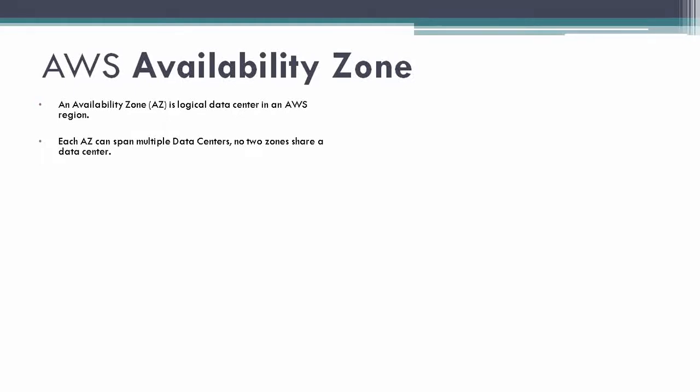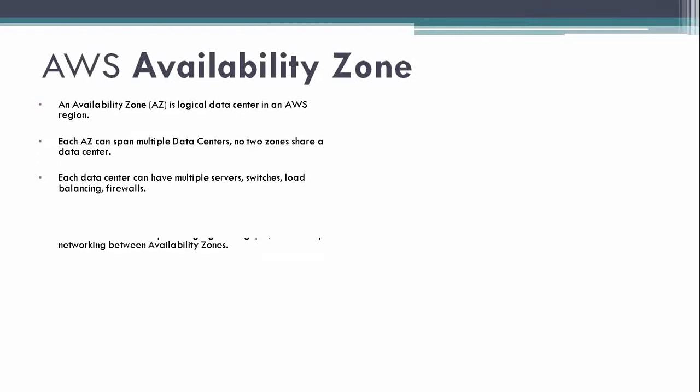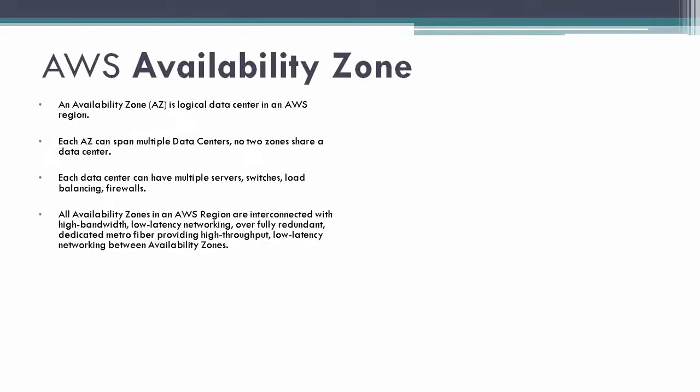In each AZ, there are multiple separate data centers available. Each data center can have multiple servers, switches, load balancers, firewalls, etc. All AZs in an AWS region are interconnected with high bandwidth, low latency networking over fully redundant dedicated metro fiber, providing high throughput, low latency networking between availability zones.